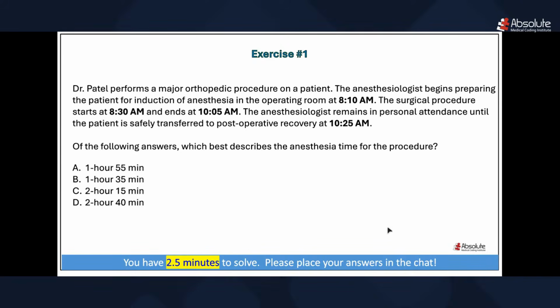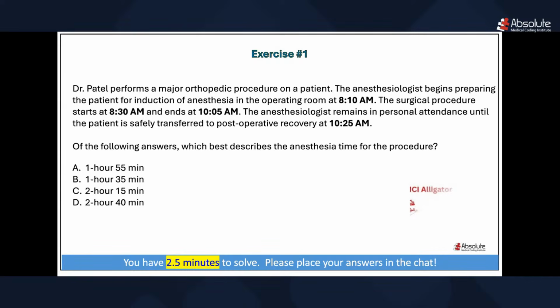Of the following answers, which best describes the anesthesia time for the procedure? Option A, 1 hour and 55 minutes. Option B, 1 hour and 35 minutes. Option C, 2 hours and 15 minutes. Option D, 2 hours and 40 minutes. Dr. Patel performs a major orthopedic procedure on a patient.